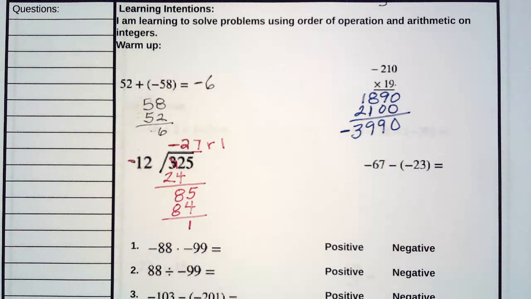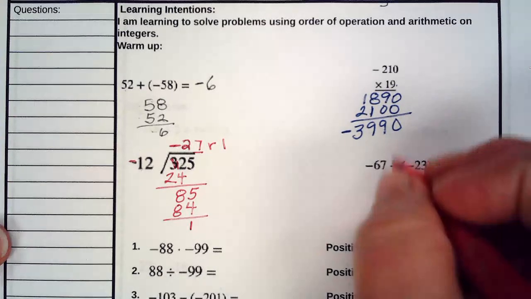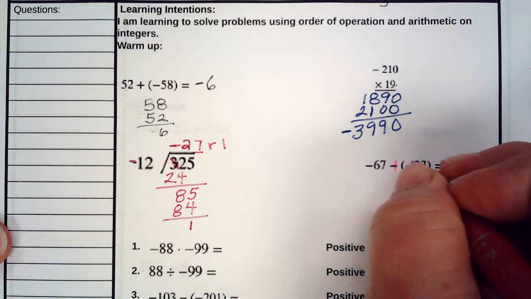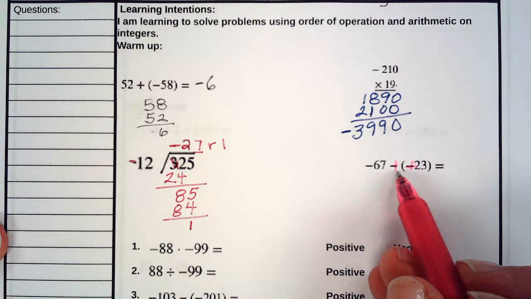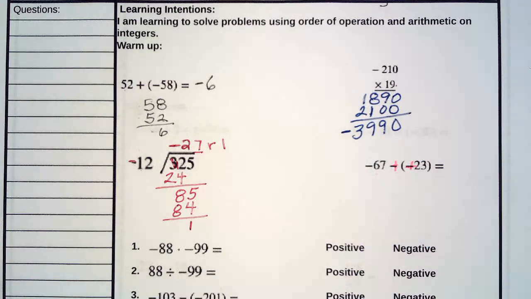Okay, for the last one, do we minus a negative? No. We plus a positive. So this becomes a plus and this becomes a plus. Negative 67 plus 23.